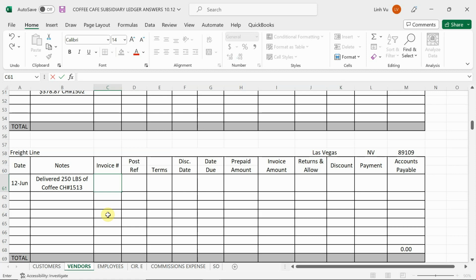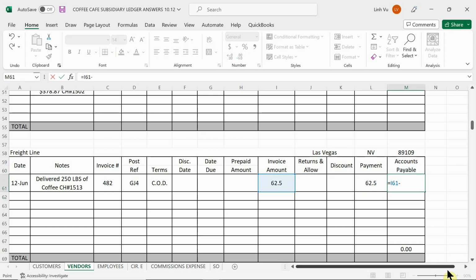Invoice number, I think it was 482. Journal page 4. Terms is COD. Okay. And that should give you the total of $62.50, which you made a payment for using, yep, your check.